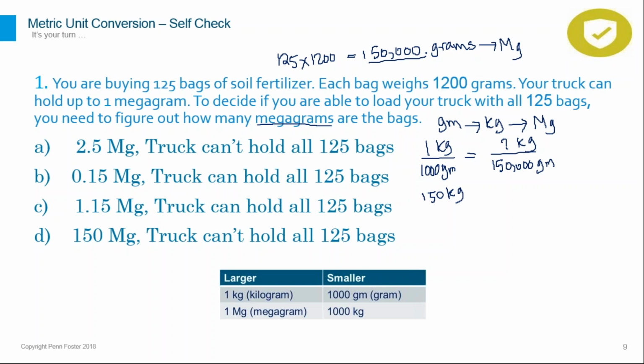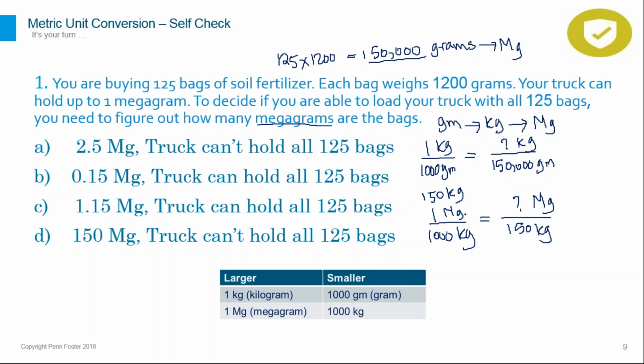Now I need to figure out how many megagrams in 150 kilograms. And here comes our second proportion. We know from the table 1 megagram is equivalent to 1,000 kilograms. If I have 150 kilograms, then how many is that in megagrams?